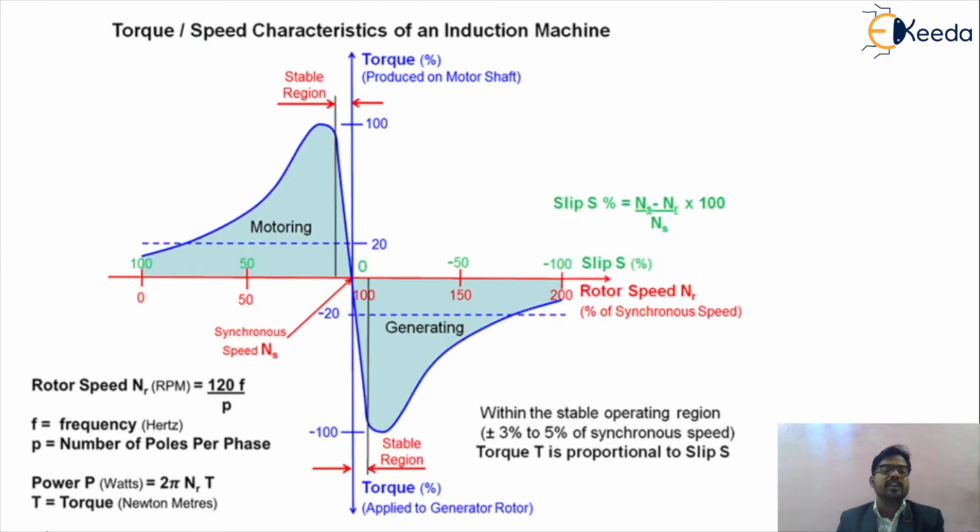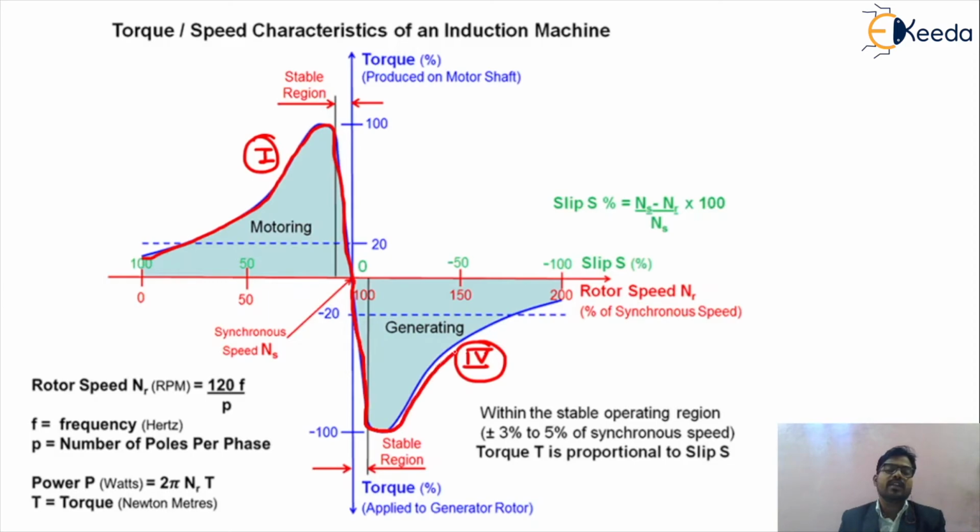So friends, we can see this same operation by means of the graph, but for the sake of understanding, we can consider this the first quadrant and this the fourth quadrant. In the first quadrant we see this is called motoring operation, and this is called braking operation.